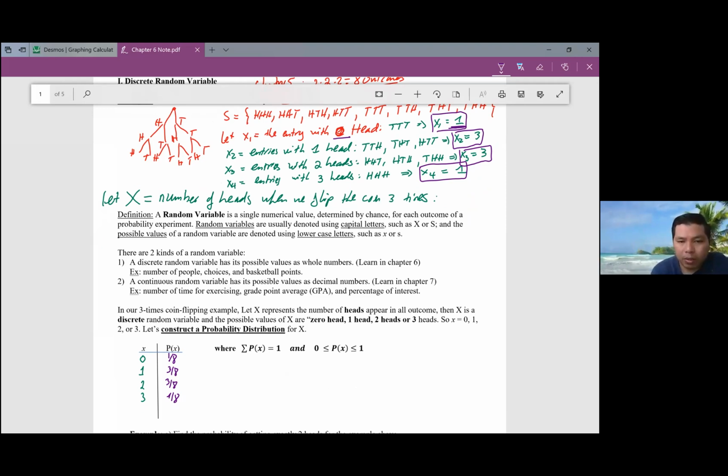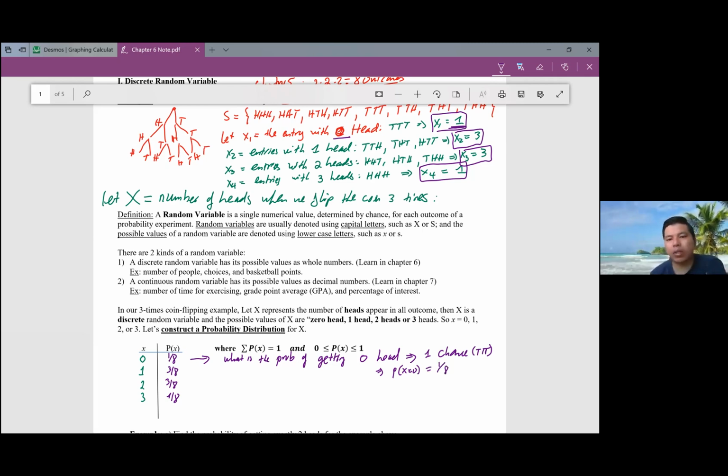So let me put that description for you. It means, what is the probability of getting 0 head? The answer is 1 chance, which is tail, tail, tail. And because of that, the probability x equal to 0 will be 1 out of 8.